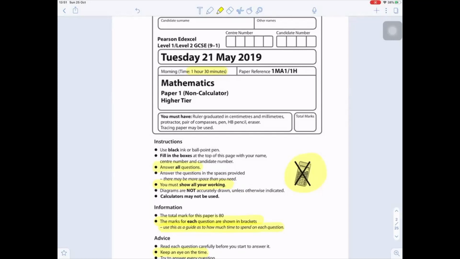And most important, check your work at the end and make sure you answer questions in the spaces provided and write neatly. Good luck.